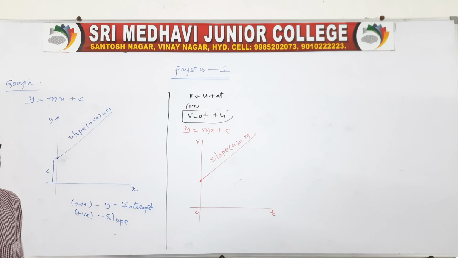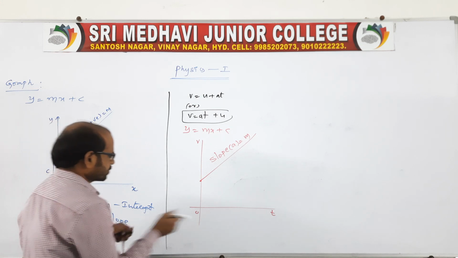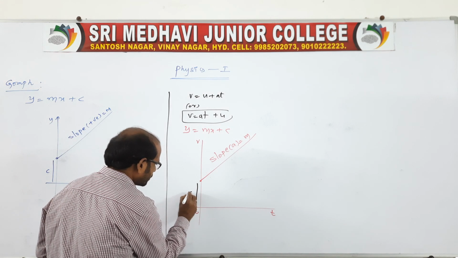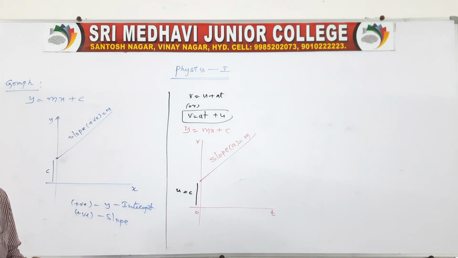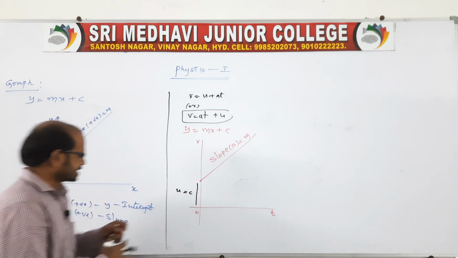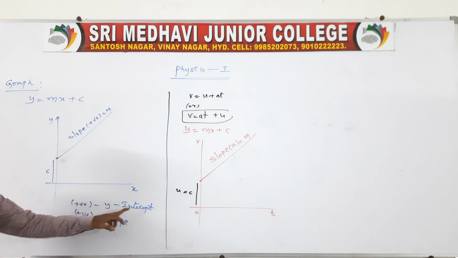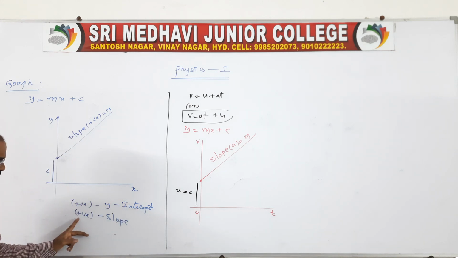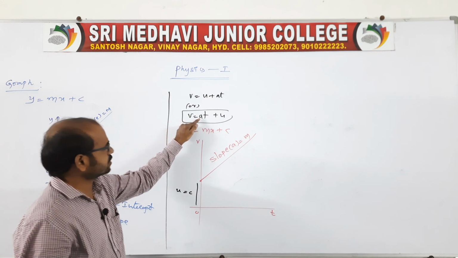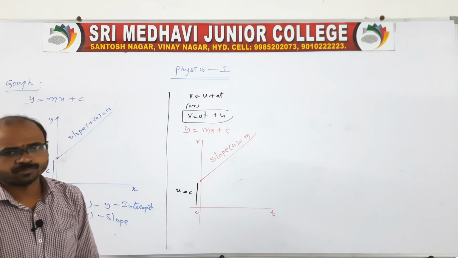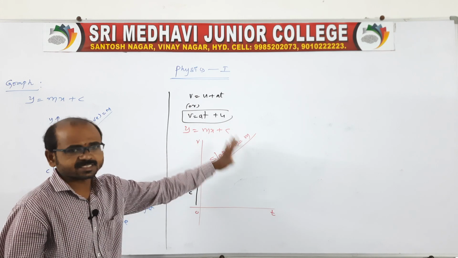Therefore, we can represent this as U, that is equal to C. We take it from the origin point. Same conclusion, it is a positive y-intercept and a positive slope we can say. So this is the V is equal to AT plus U graph. The graph is represented in this case.